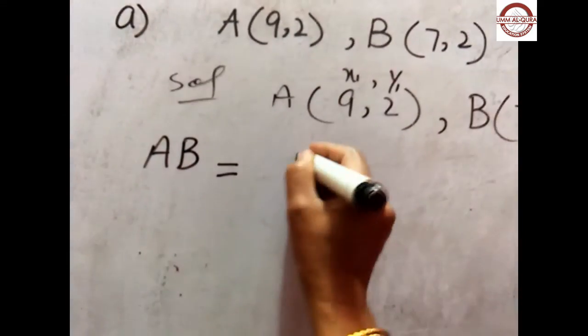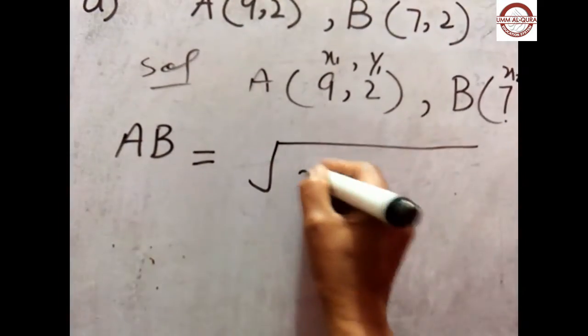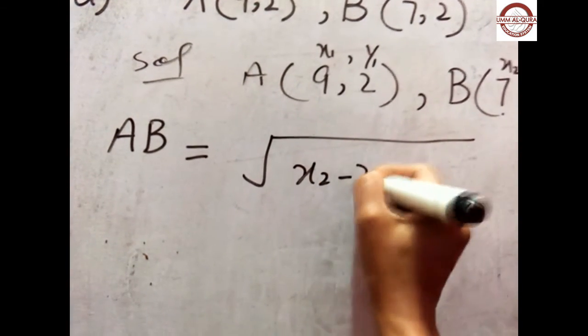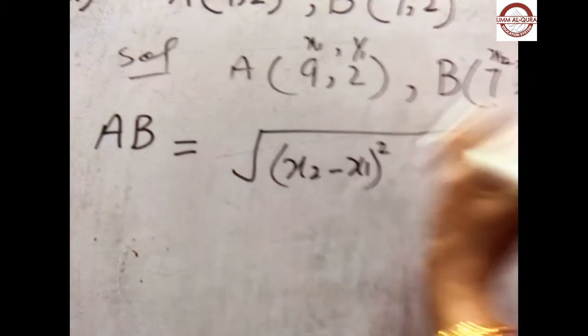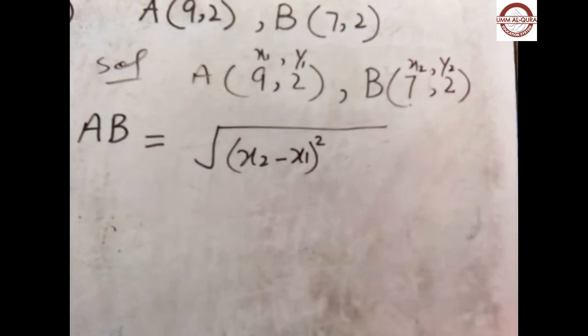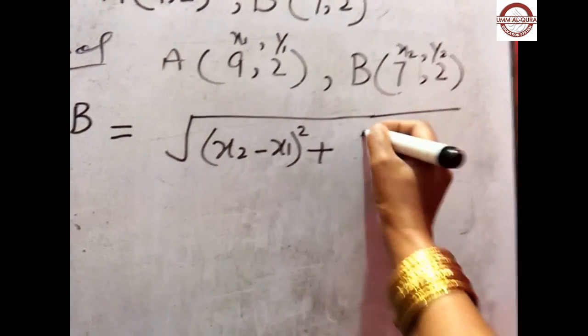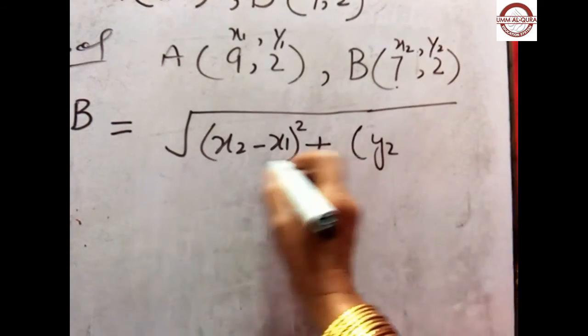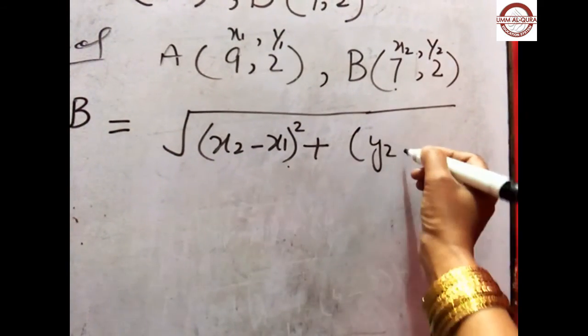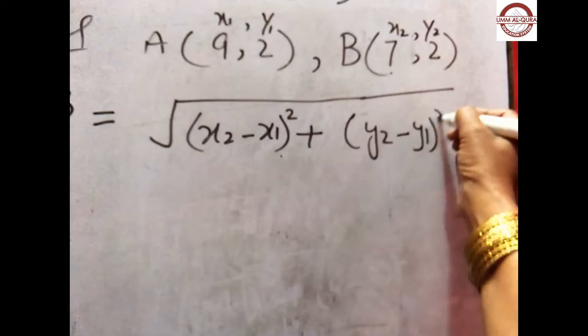The distance formula is, as you know, the square root of x2 minus x1 whole square plus y2 minus y1 whole square.